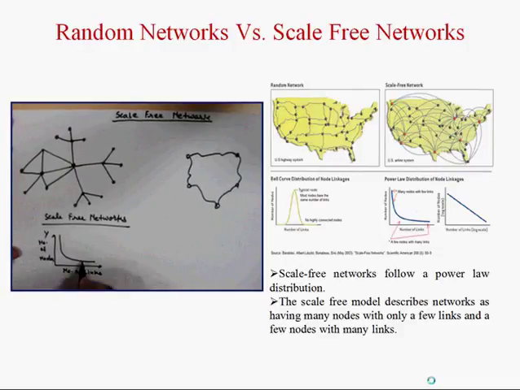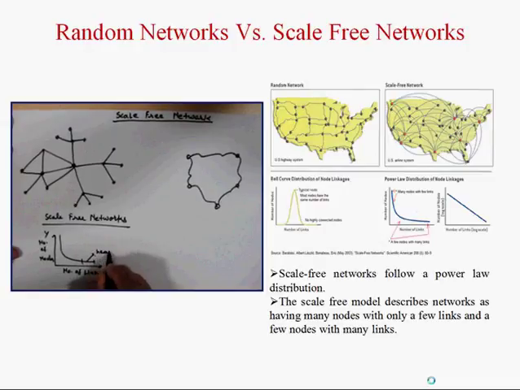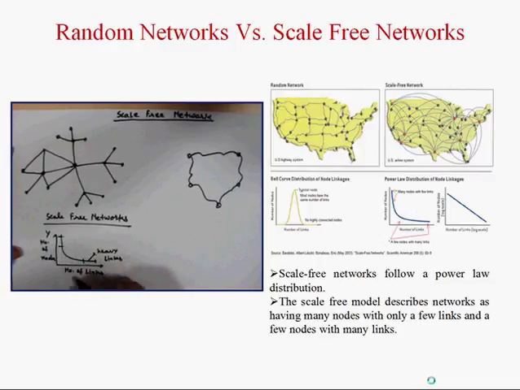In this part of the curve, we will see very few number of nodes with very heavy links. And in this part of the curve, we see very few links.